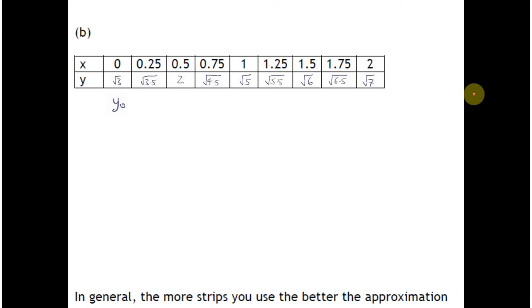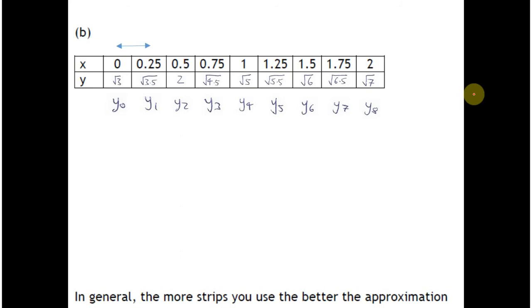Now, labelling them again, y0 is root 3, y1 is root 3.5, y2 is 2, y3 is root 4.5, y4 is root 5, y5 is root 5.5, y6 is root 6, y7 is root 6.5, and y8 is root 7.